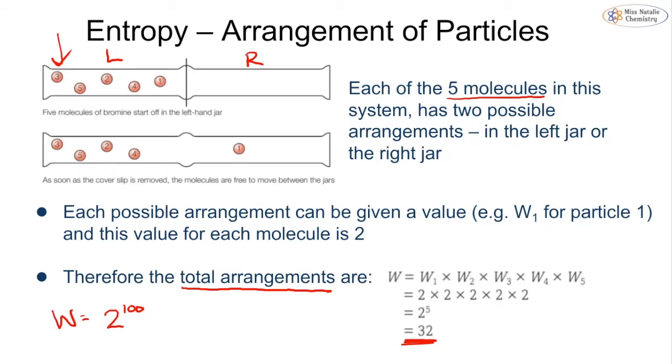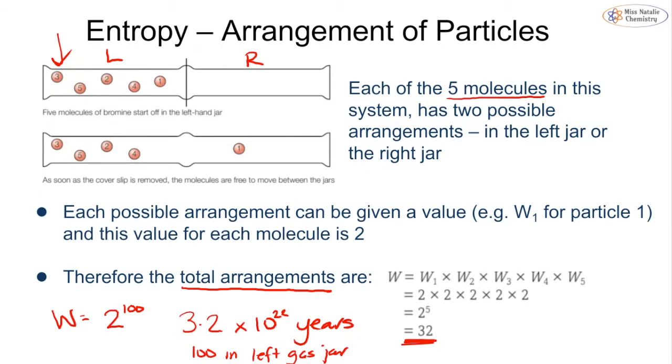And that would mean that if we were to measure or pinpoint each time that all 100 particles were in, let's say, the left-hand side of the jar, this would take 3.2 times 10 to the 22 years. So we can have a huge number of arrangements with these particles moving in this random order, and we would only see them all converging, all 100, in the left-hand gas jar once every 3.2 times 10 to the 22 years. A huge number.